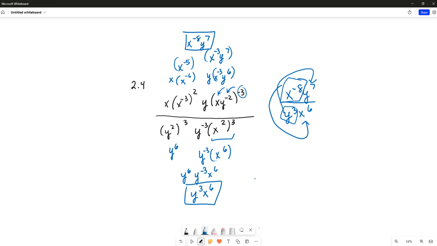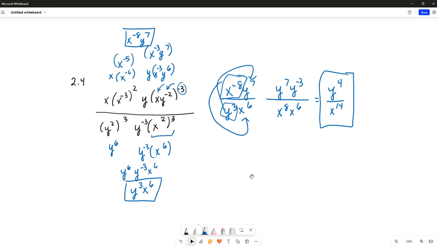So when I rewrite that, it would be y to the 7th, y to the negative 3rd, and x to the 8th, x to the 6th. Combined, that's y to the 4th over x to the 14th.